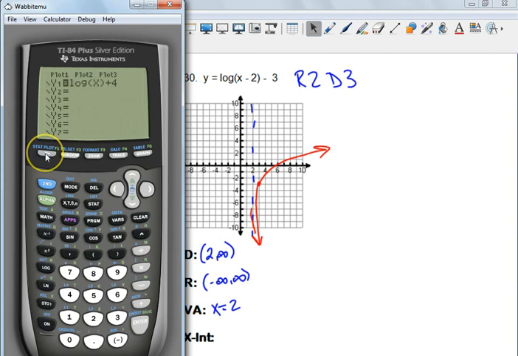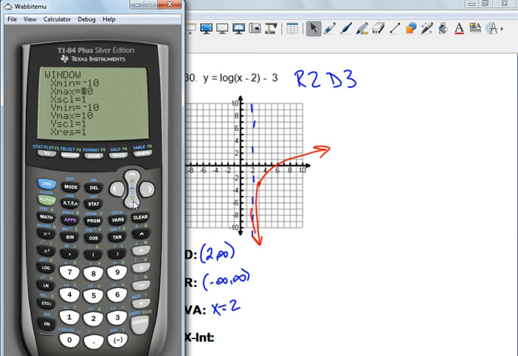So let's go ahead and type in x minus 2, oops, not plus, minus 2, and then a minus 3. And then hopefully, oh yeah, I have a silly window. So go to zoom 6, back to my normal window. Oh geez, the x-intercept's going to be way off in no man's land, way far.